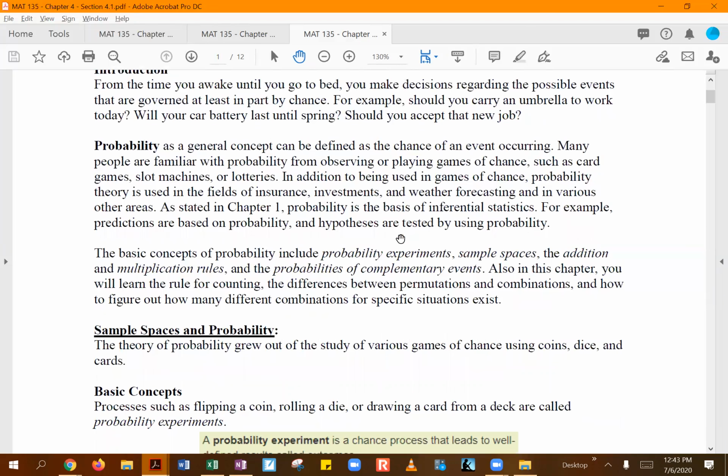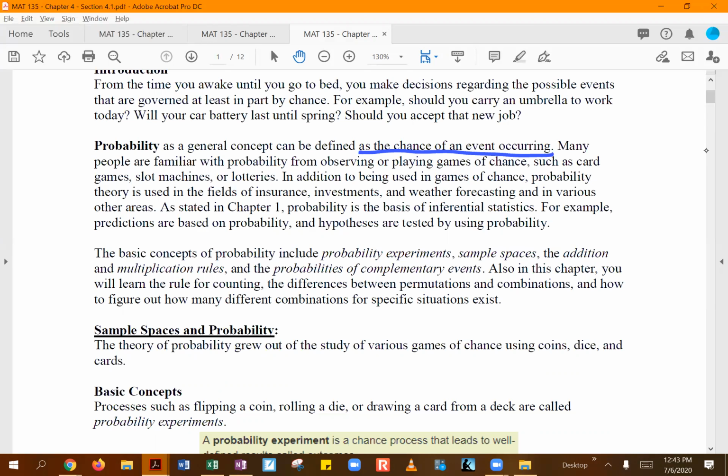So we're talking about probability as a general concept, which can be defined as the chance of an event occurring. So what is the chance this will happen? We talk about probability in terms of playing games of chance, such as card games, slot machines, and for that matter, even lotteries are based on chance.